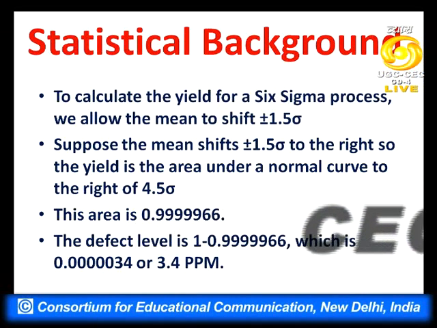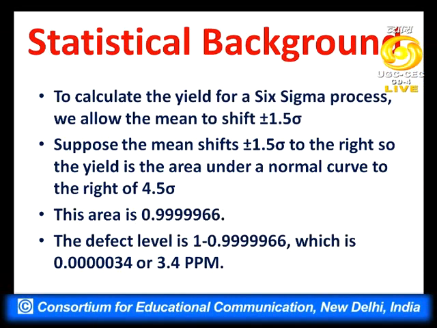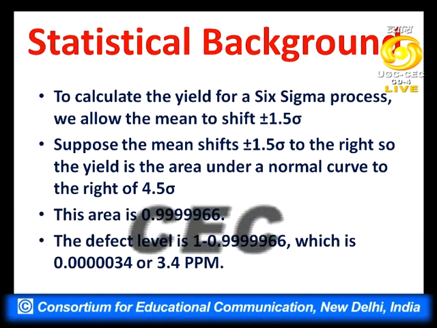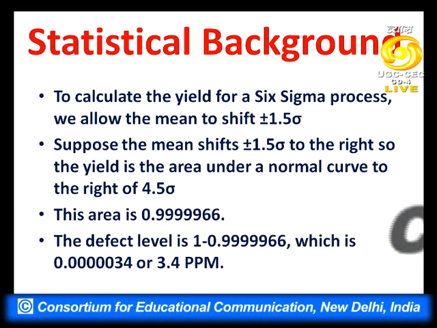This area is now 0.99966. Now, we can easily calculate the defects, which will be obtained by subtracting this figure from 1, which is only 0.000034, or in other words 3.4 ppm, parts per million.